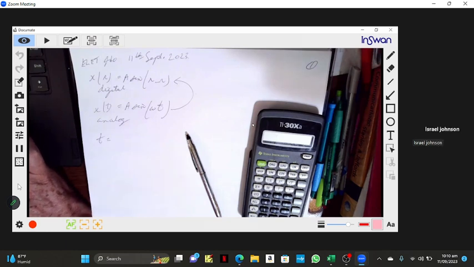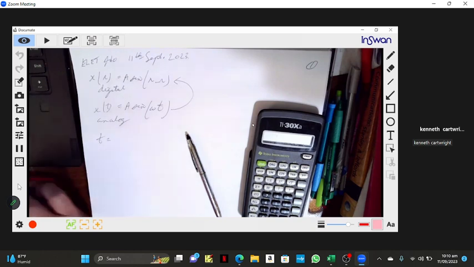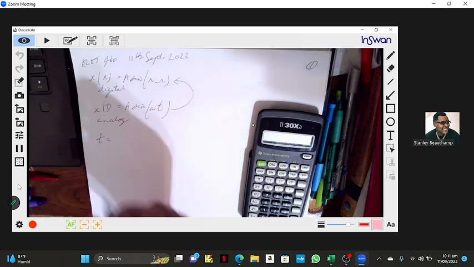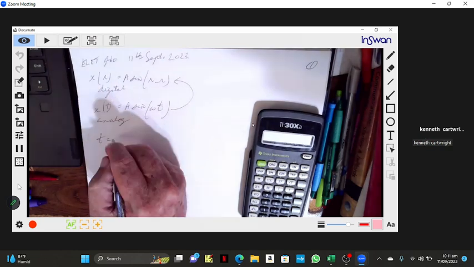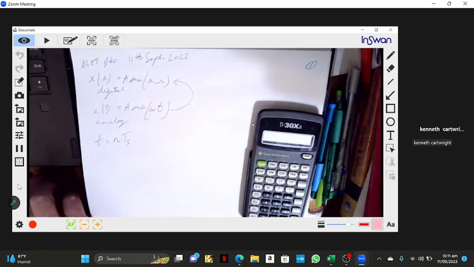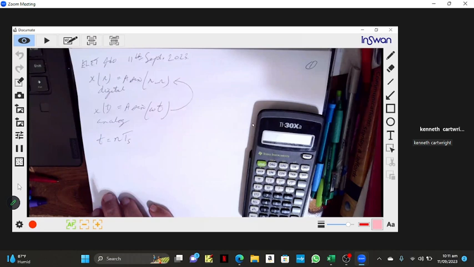T equals nTs. What is Ts? Yes, it's the period, right? Period of what? That's the period of the signal. Period of what? The signal.